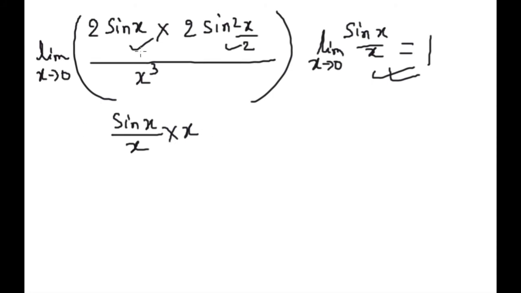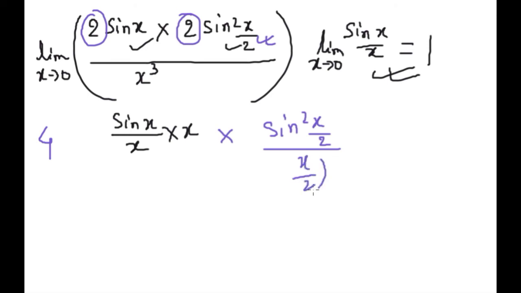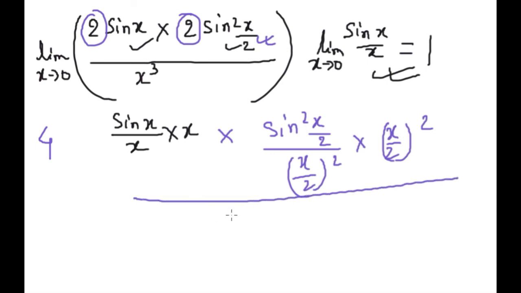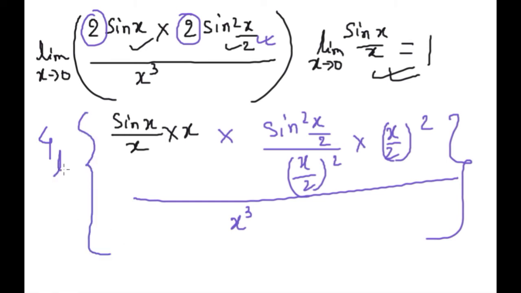Now first of all, this 4, 2 and 2, 4, we will write this 4 outside. And this sine square x by 2, so sine x by 2 whole square into x by 2 whole square, by x cube. Limit of x tends to 0.